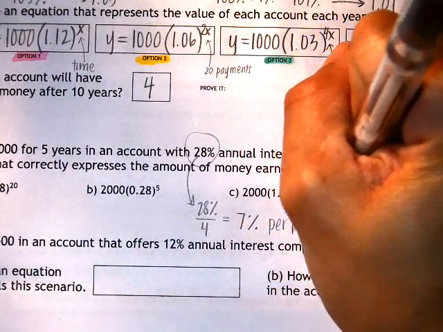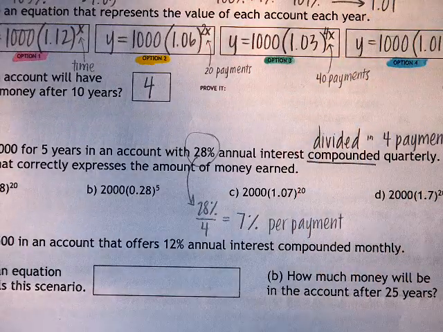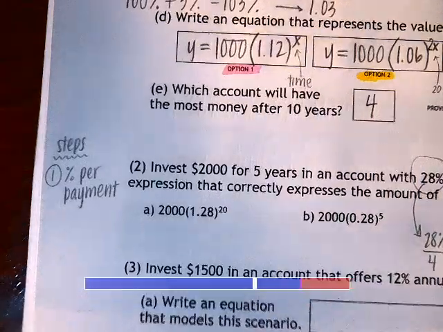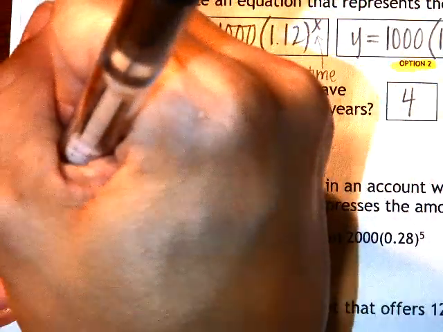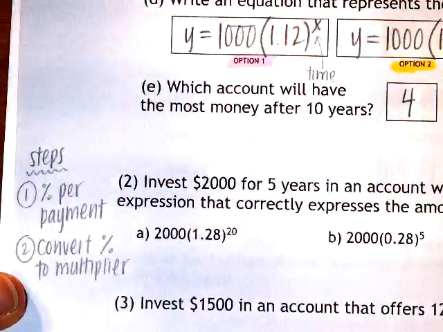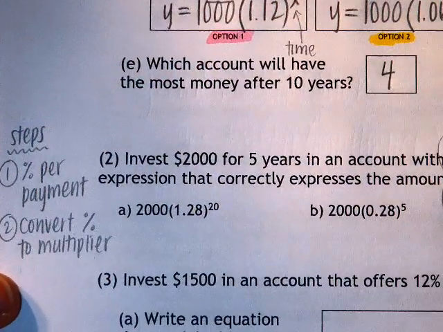Now, that's what we need to convert into what we call the multiplier. So step 2 is to basically convert this percentage to a multiplier. That's what we did in number 1, letter C, in the previous question.